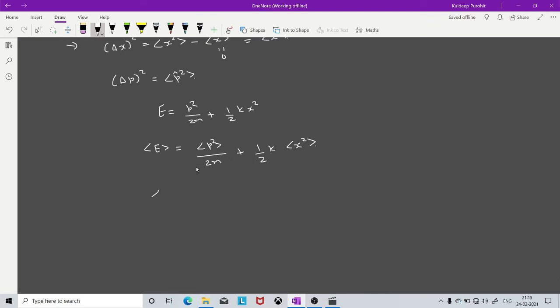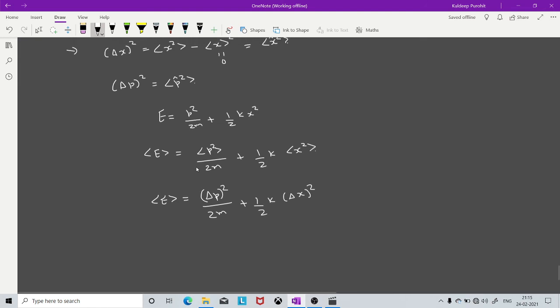So the expectation value of E, which is the average energy, you can write as equal to delta p square by 2m plus half k into delta x square.